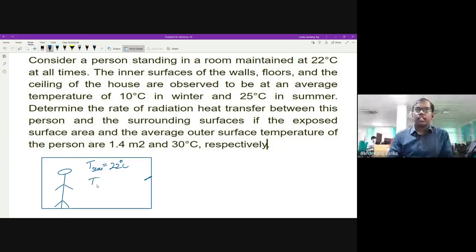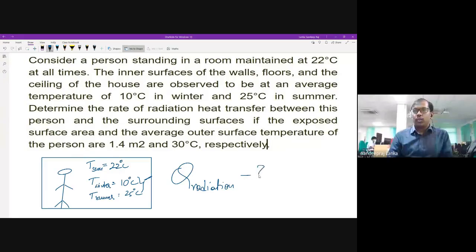Temperature in winter is 10 degrees centigrade. And the same thing is 25 degrees centigrade in summer. Okay, this is the value. It is also asking you to determine the radiation heat transfer, Q radiation.